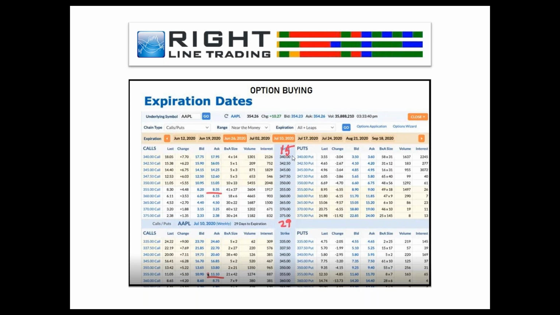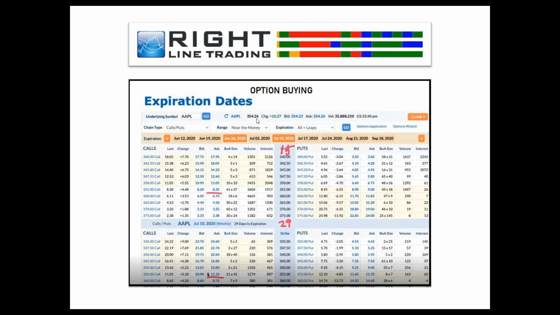Now, what's intuitive is if we buy something, we want to buy it as cheaply as we can. So if we go by our basic intuition and we're bullish on Apple, we're going to buy, and we know our strike price. We believe that Apple is going to eclipse 355 right now. It's at 354.26. So we're buying an at the money option.